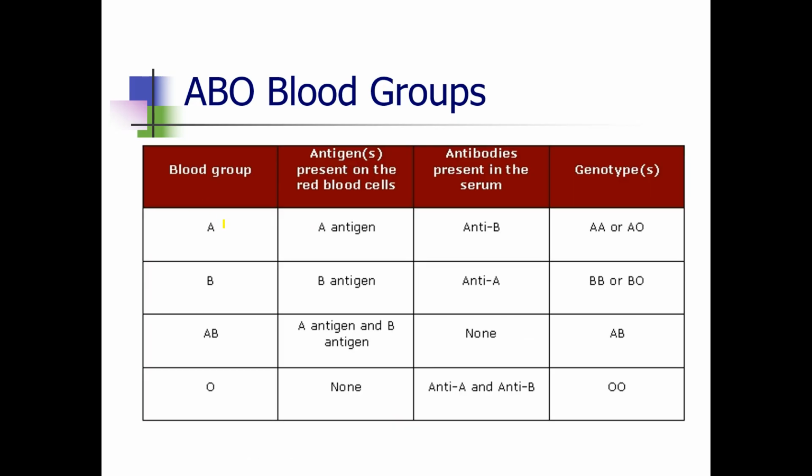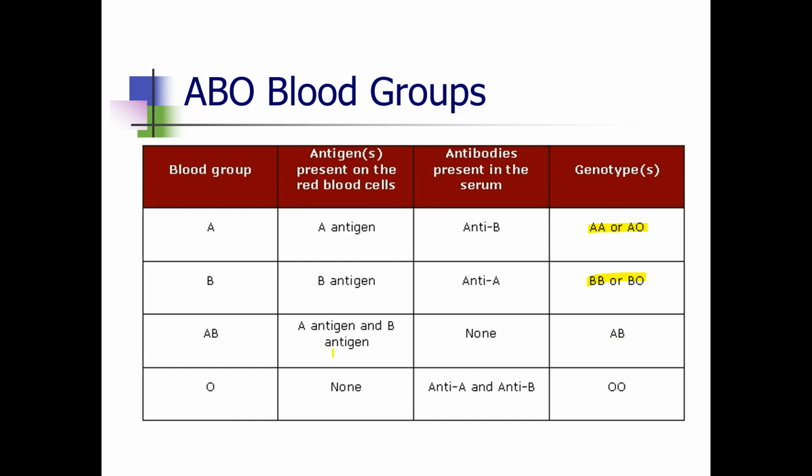So this is why we have to be careful when we are getting blood or giving someone blood because we don't want to have these immune reactions. So just to summarize, okay, if you're type A, you have the A antigen, you produce antibodies to B, and the genotypes that can produce type A blood are here. If you're type B, you have the B antigen, but you would produce antibodies to A. These are the genotypes that could give you type B blood. If you're AB, remember those are both dominant, so your genotype would be AB.